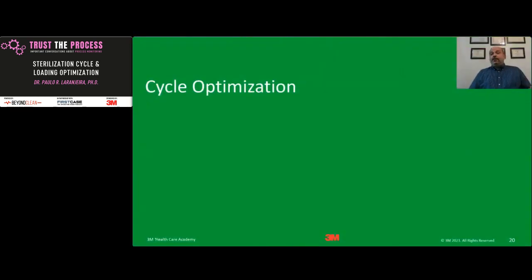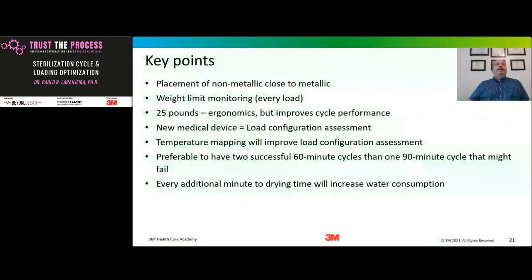So for the cycle optimization, what did we see today? Placement of non-metallic close to metallic. If you start doing that, you're going to see a great result if you're seeing a lot of wet packs in your process. Do monitor the weight of your load, every load.